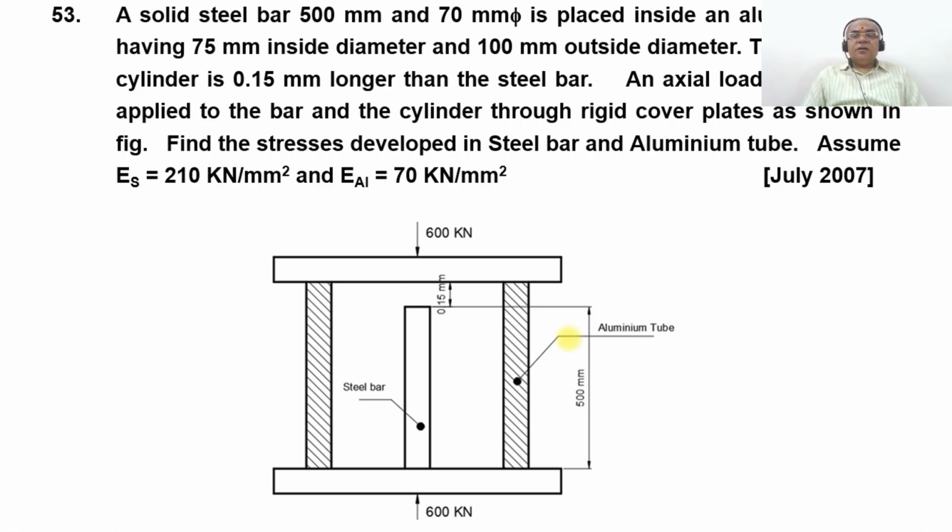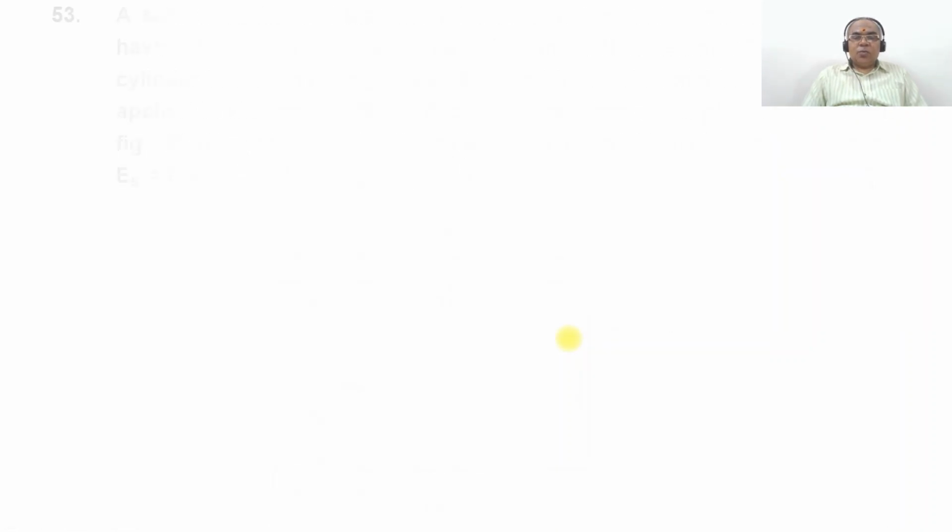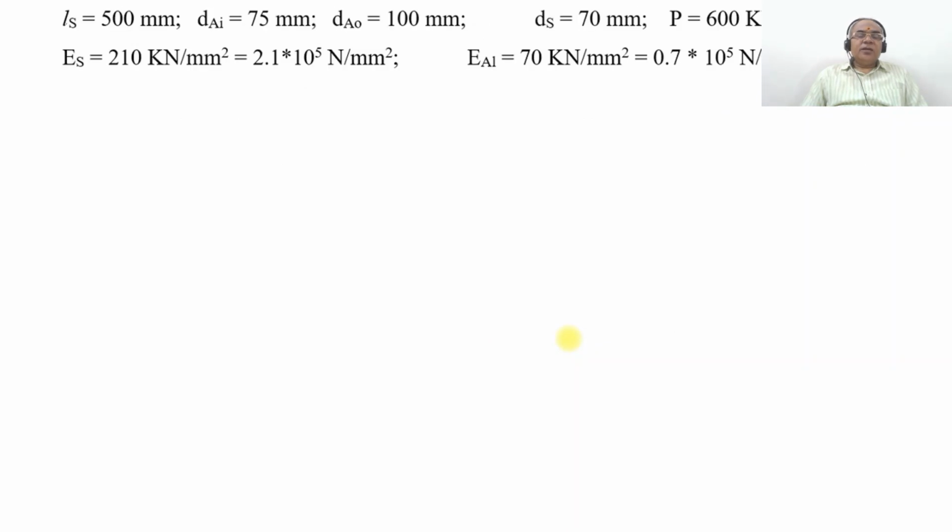Now first we will write the data whatever has been given. The length of the steel rod is 500 mm. The inner diameter of aluminum is 75 mm and the outer diameter of aluminum is 100 mm. The diameter of the steel bar is 70 mm and the load is 600 kN, which is equal to 6 into 10 to the power of 5 Newton.